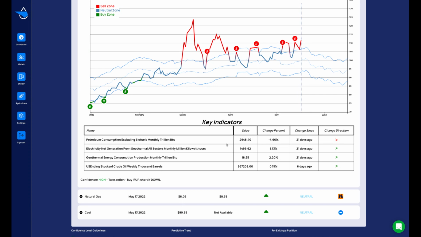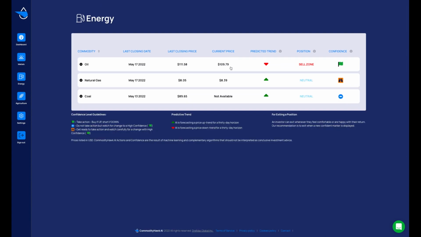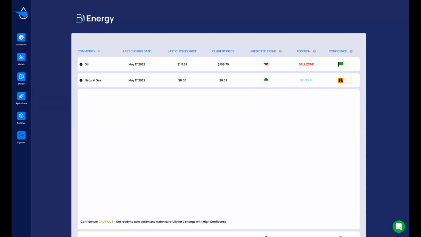So it makes it really easy for you to see what the value is, what the change has been, and since when the change occurred to be significant. We can collapse by clicking the line item, and we will go now to natural gas and expand.